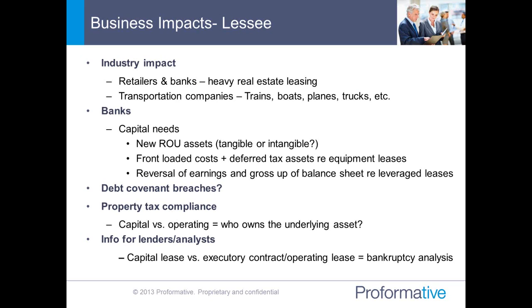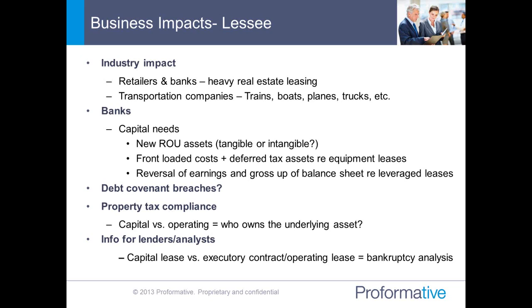Front-loaded costs, and deferred tax assets caused by front-loading of costs faster than they're deductible, are going to cause capital needs, and reversal of earnings in any gross up on the balance sheet of leveraged leases for those large banks that have them are going to be a capital issue. Lessees may have debt covenant breaches if the FASB doesn't properly classify operating lease obligations as non-debt.